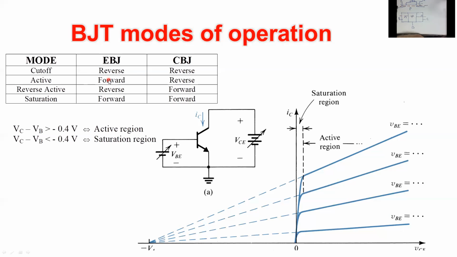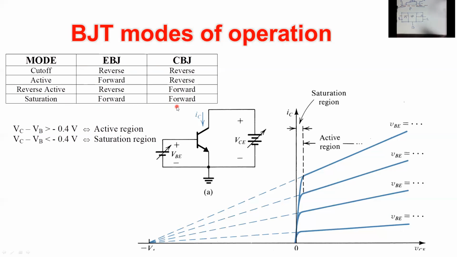And we have another three regions. Whenever both are reverse, this is one region, we call it cutoff. Whenever the emitter base is reverse and the collector base is forward, we call this reverse active, and this will not be considered in any course anyway. And the fourth one is the saturation, whenever we have both of them forward.